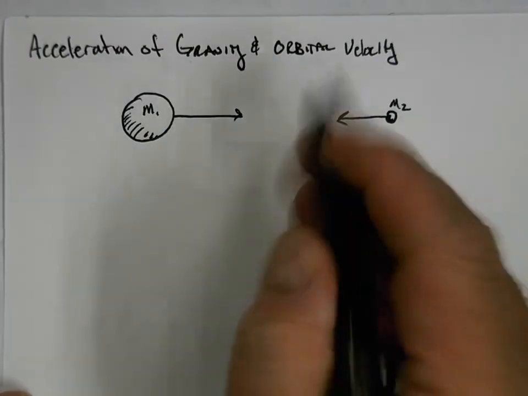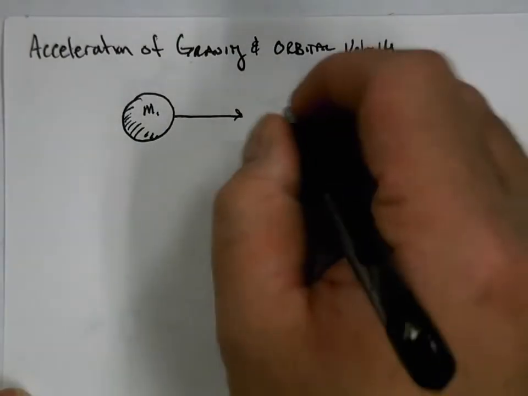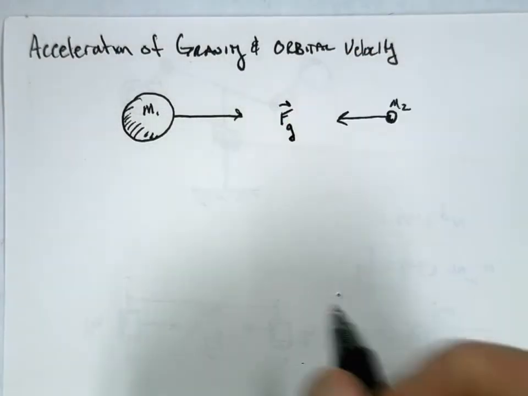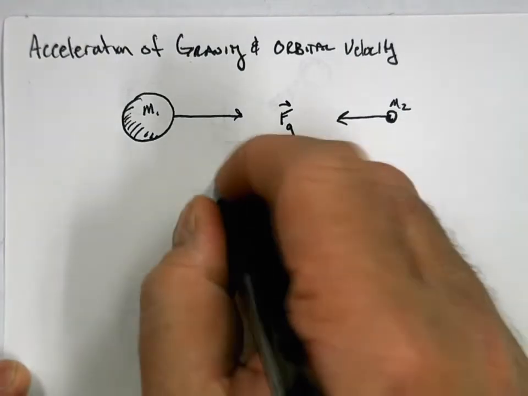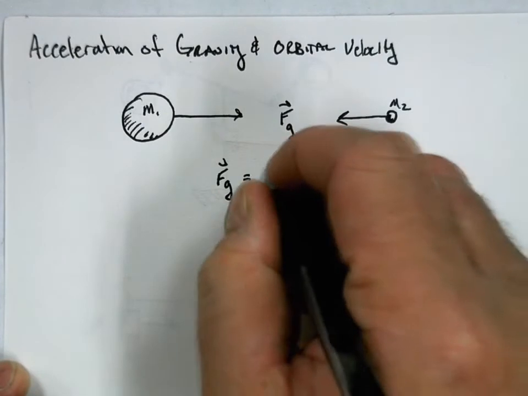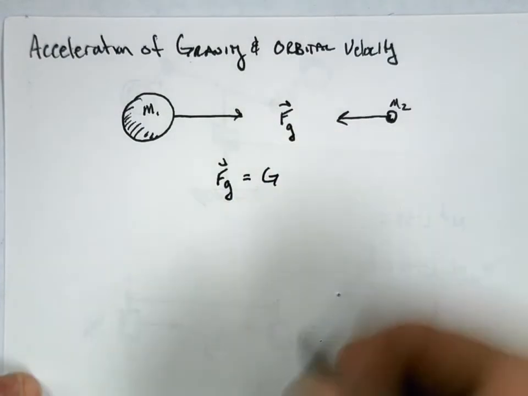And when you have these two masses, they're going to exert a force on each other. And the forces are equal to each other, and this is the force of gravity that they're each going to exert on each other. And the force of gravity between them is equal to our universal gravitational constant.